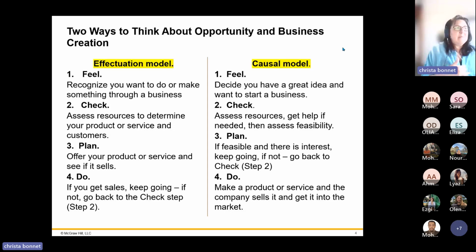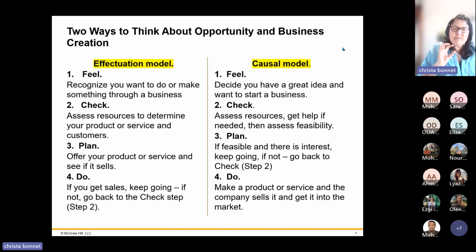But they use the same 4 steps in both, called feel, check, plan, and do. I really like the steps that they use: the feel, the check, the plan, and the do, to identify, let's say under the effectual model, can you recognize what you want to do and make by having a business.